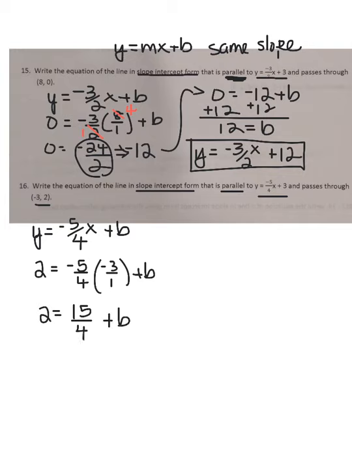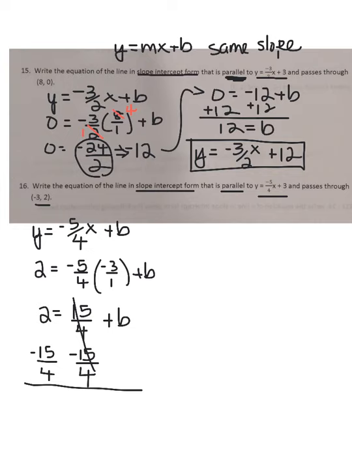Not what I wanted, but it's what I got. Okay, so I'm going to subtract that 15 over 4 over, and I'm going to cross that out. So at this point, I have to do 2 minus 15 over 4. But I would like these to have the same denominator. This has a denominator of 1.